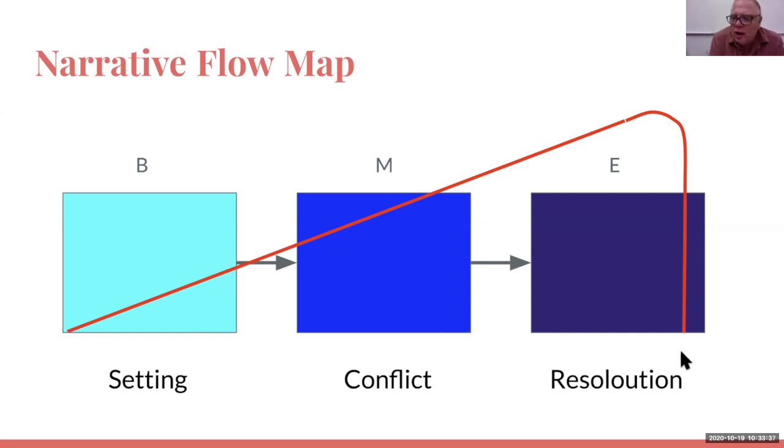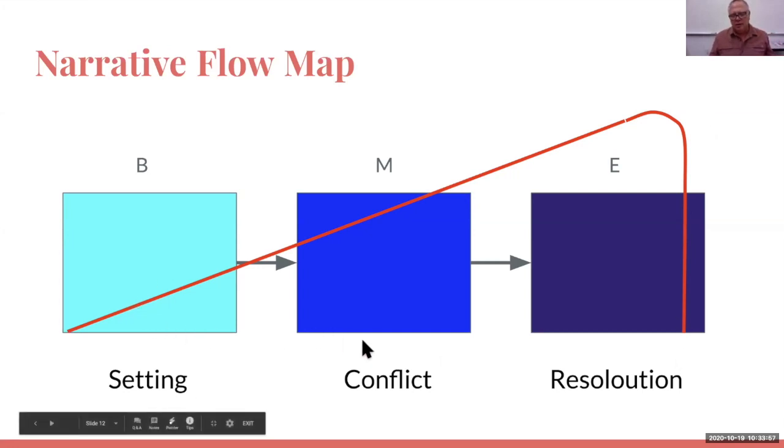Now, let me tell you, everything I'm telling you about narrative, it is a flexible genre. It is a flexible kind of text. And so there are many writers who will play with these very things that we see here, but this is very, very typical of what we will experience when we read these texts.